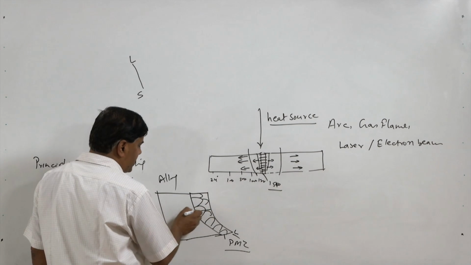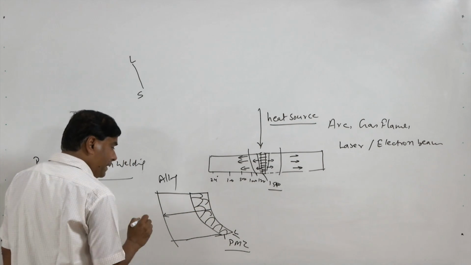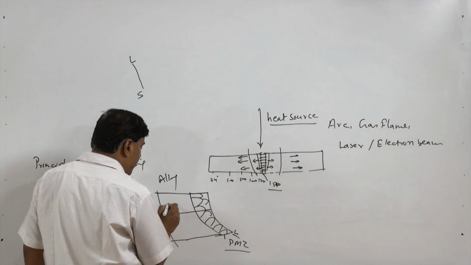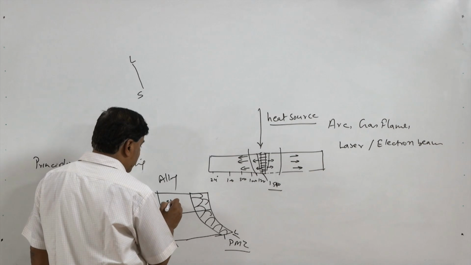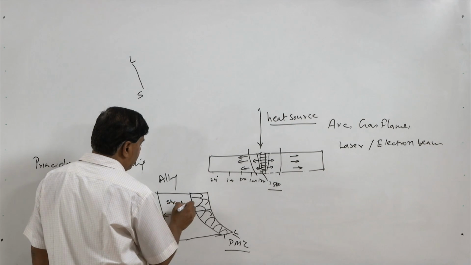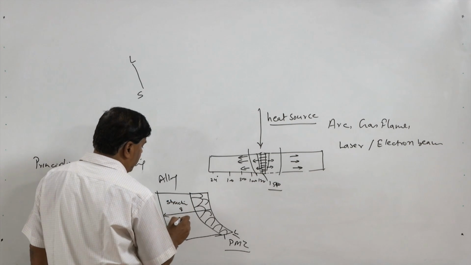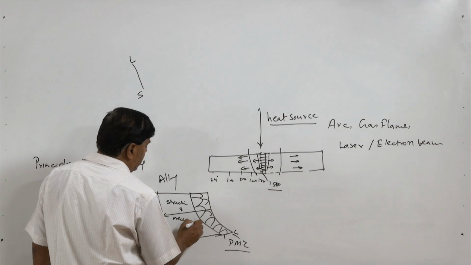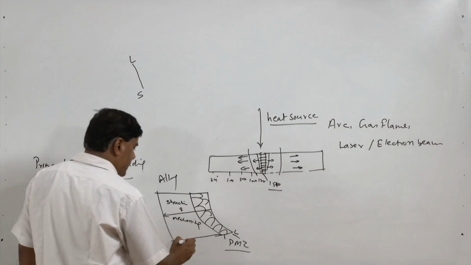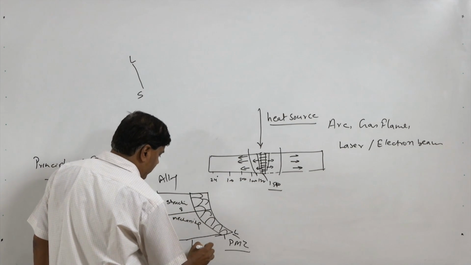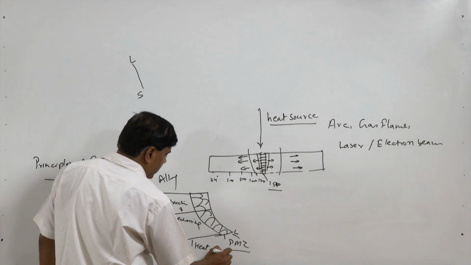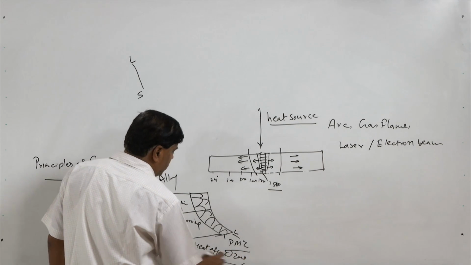So, all that distance up to which the metal is subjected to the variation in structure and mechanical properties, all that zone is termed as the heat affected zone.